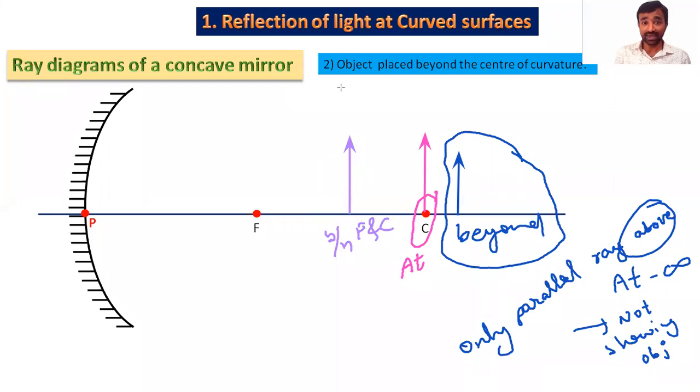Here it is, exactly on the focus. Right? So we can call the position at focus. Then what is the next possibility here? The next possibility is inside the focus. Right? So we can call the position between P and F.